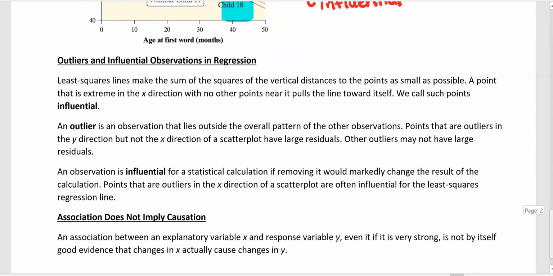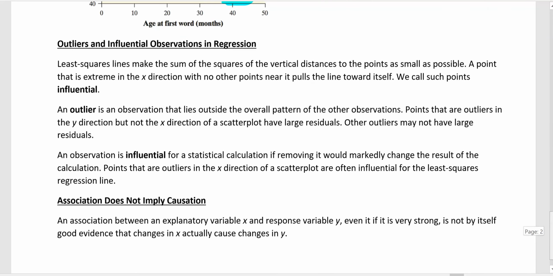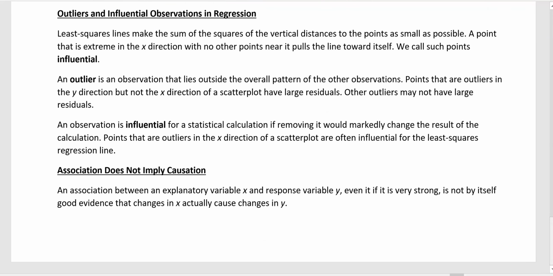The last thing on here, we've talked about this over and over again. I've used it in memes, we've talked about it in class, and you've seen it in videos. An association between an explanatory variable and a response variable, even if it's a strong correlation, is not good evidence that changes in x actually change y. There was a crash course video about that.